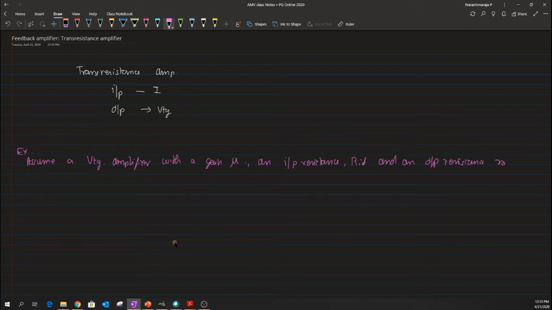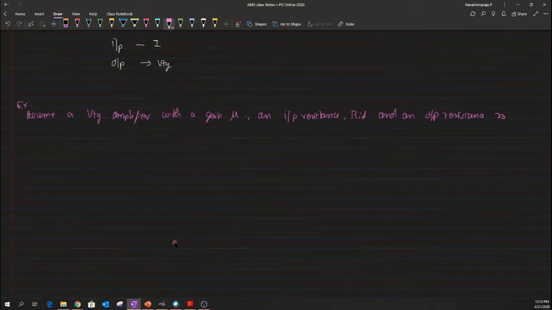Okay, so all of these resistances are with respect to the op amp that is being used in the circuit.